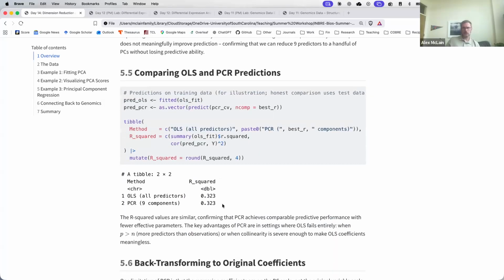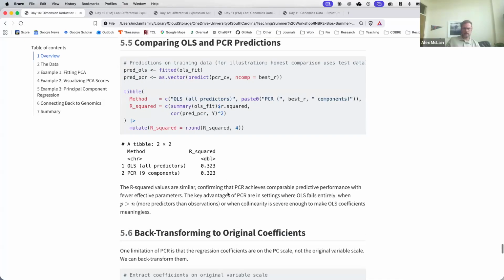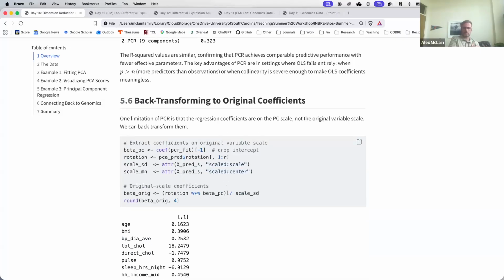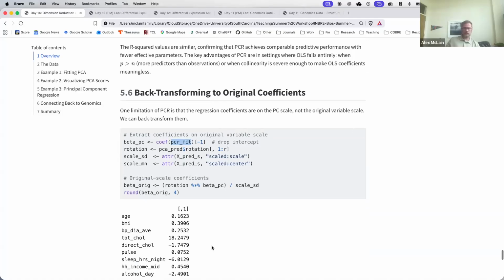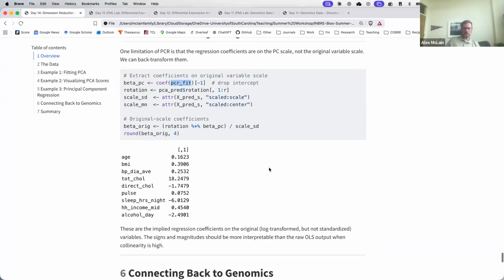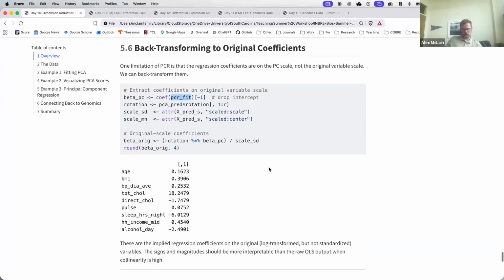We can see here R squareds are going to be the same between the best fitting principal component regression model and the model with all predictors because they're the same. We can back transform, so we can use the coefficients from the PCR fit to get coefficients for the original variables. So this is just some code to do that.